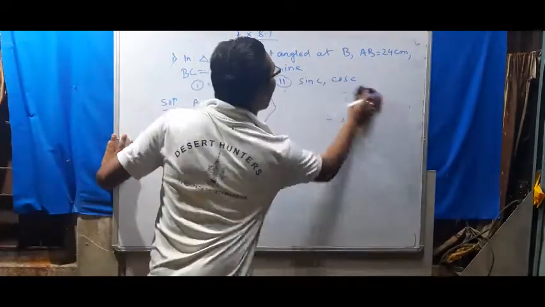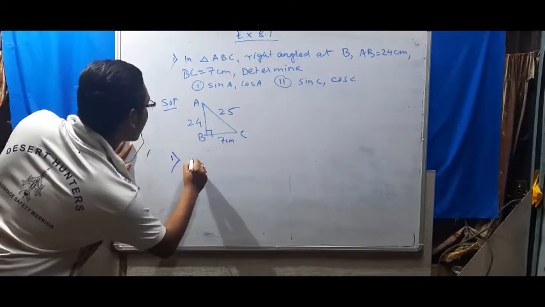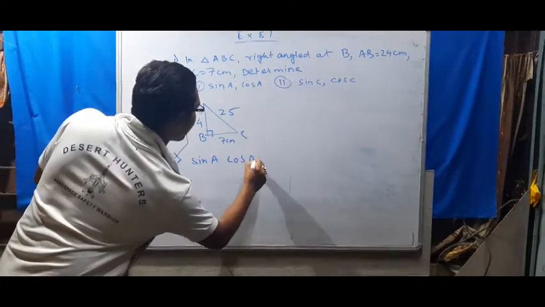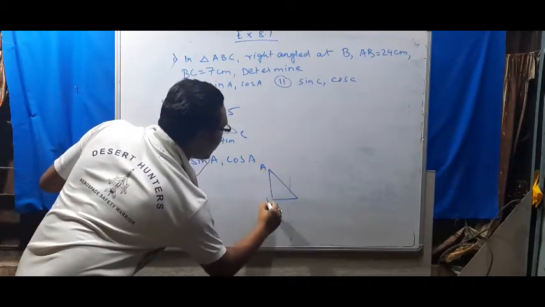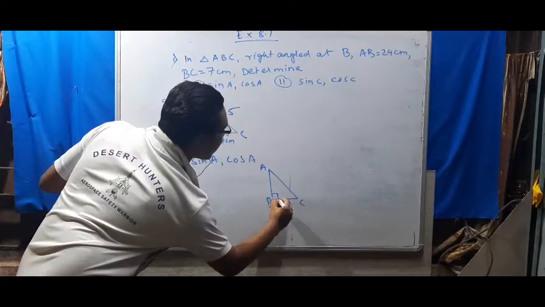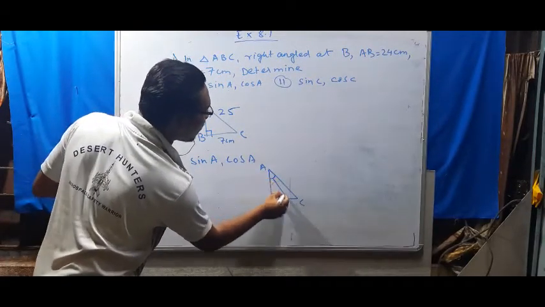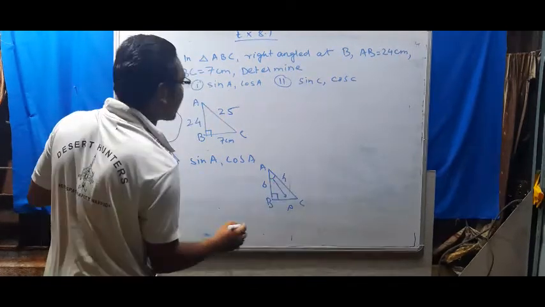After that, we can easily find for the first condition sin A and cos A. So I take the triangle ABC, right angle at B, and this is the angle. So it will become perpendicular. This one will become base. This will remain as hypotenuse.